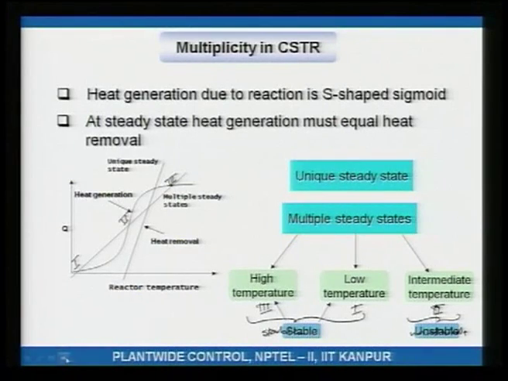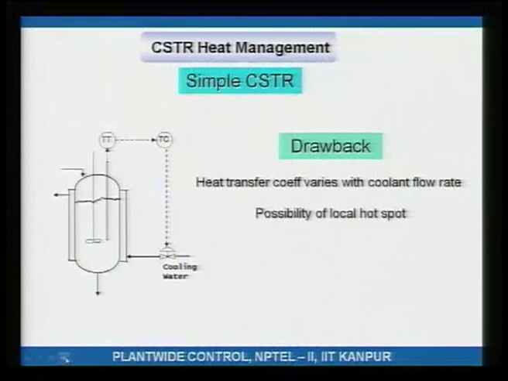Now, stable, unstable, of course. Now, heat management. You see most reactions are exothermic. So, you need to remove heat. They may be mildly exothermic or they may be highly exothermic, and here I have drawn a simple scheme where cooling water is going in the jacket and it is exiting out here. Okay.